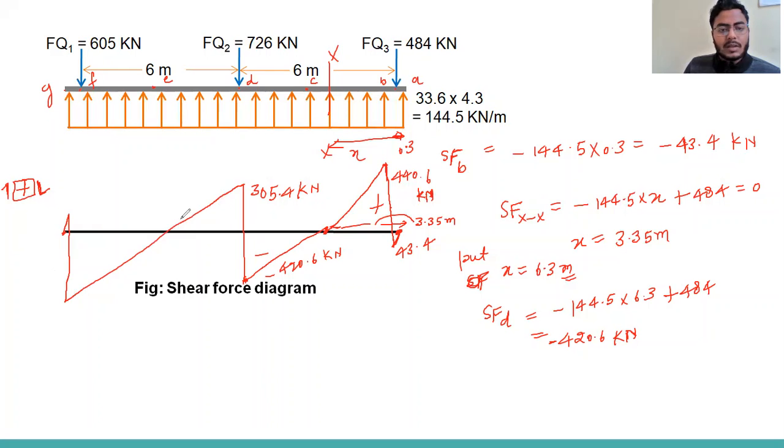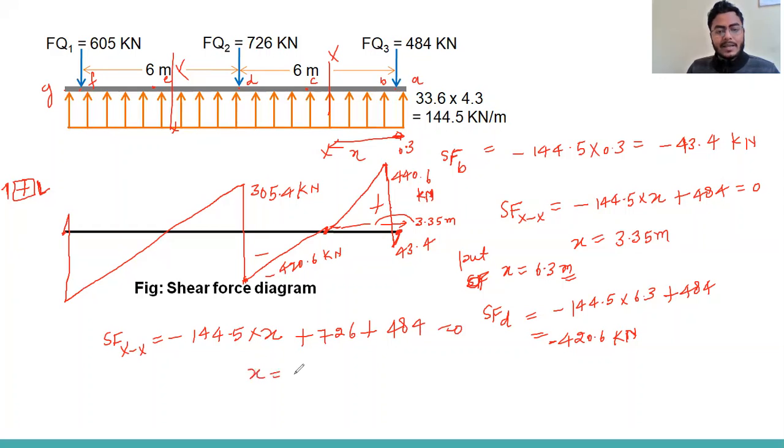So we can write at what point the shear force will be 0. I'm taking x here, so shear force at x: minus 144.5 into x plus 726 plus 484. Put the value equal to 0, so we'll get x.